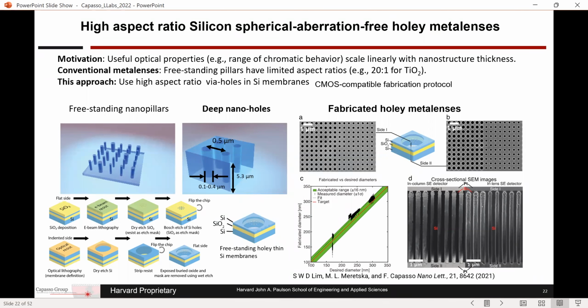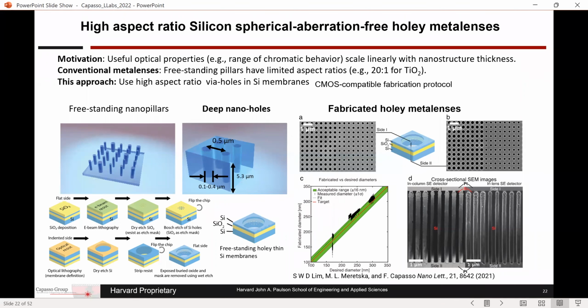This is a holey membrane that is designed to focus light. So you can see here the results. They're pretty good, and this is a first step. But I think this technology is also promising in a different way.